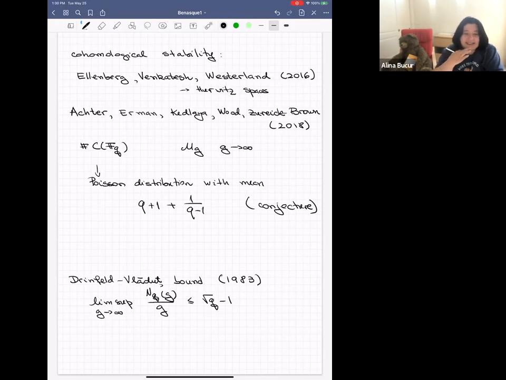So they prove that the lim sup of this extremal number of points divided by the genus of the curve is at most square root of q minus 1. What you get from the usual bound is 2 times square root of q. So that would be what comes from cohomology, if you want. But this is much stronger, and uses, again, a completely different method from everything I explained before.